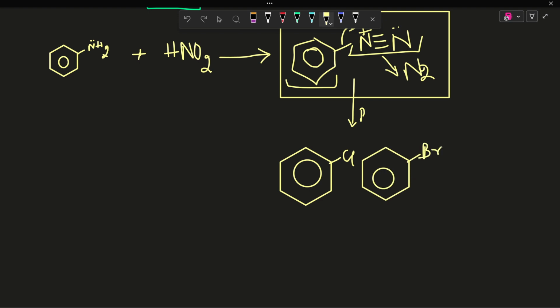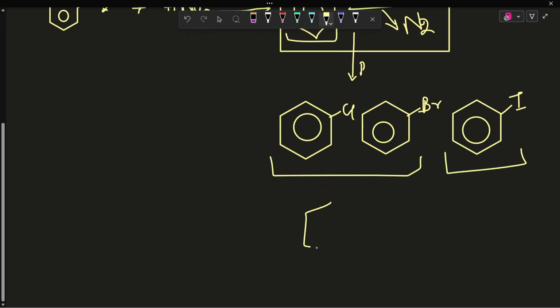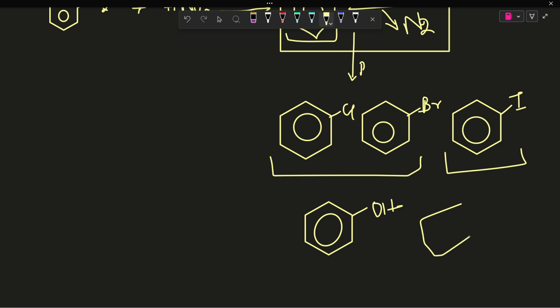If we replace it with iodine, we get iodobenzene. There are different processes for these. Also we can replace it with OH, so we get phenol. Also we can replace it by H as well. Replacing it by H, we get back benzene.